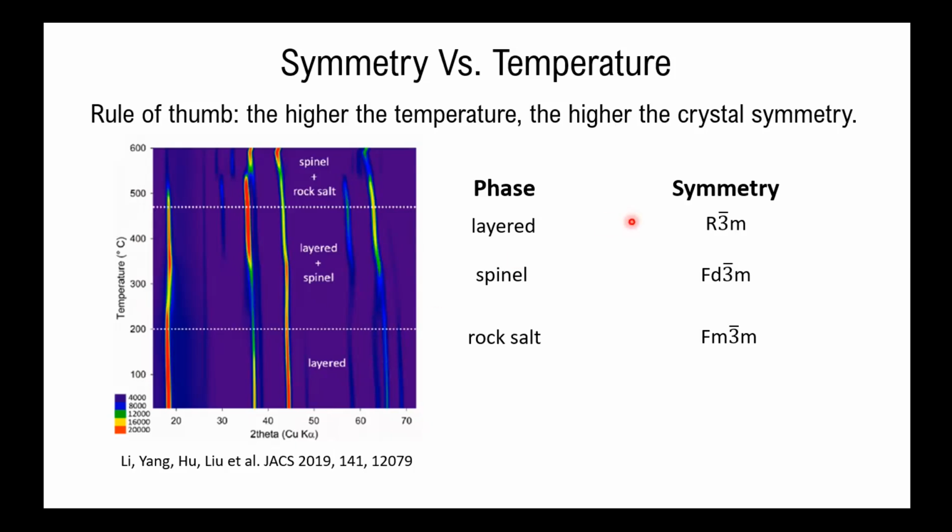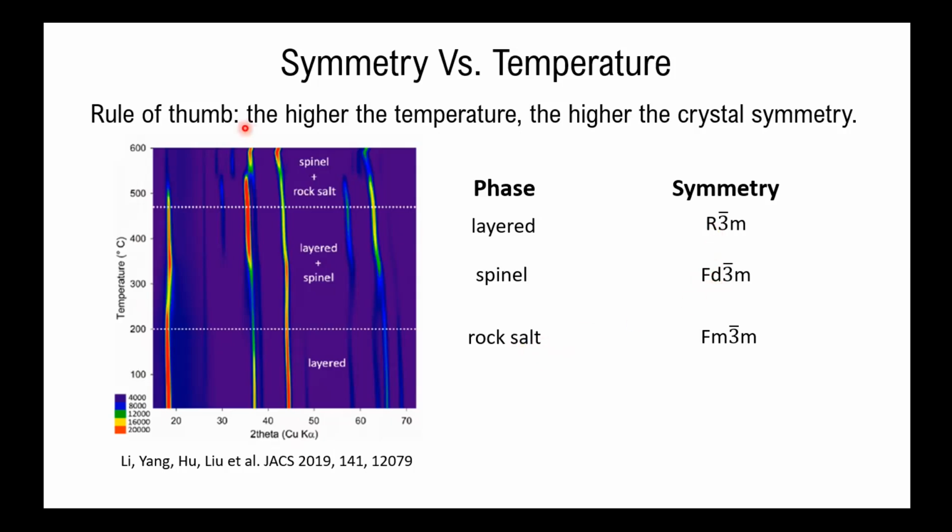So this is not too much about the multiplicity, but something related to the battery work. Typically in phase transitions, the rule of thumb is the higher the temperature, the higher the crystal symmetry. This shows that we have the layered phase at room temperature, and once we heat it up, we have the spinel, which is cubic and has higher symmetry than the raw material. Then we keep heating it up.